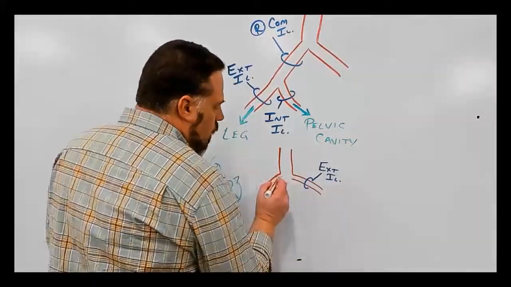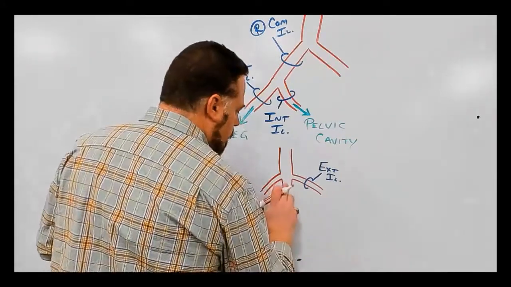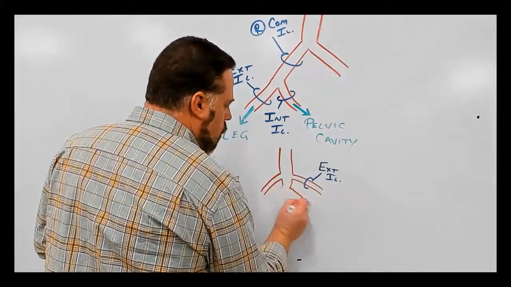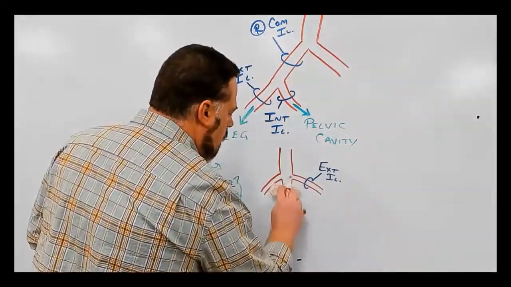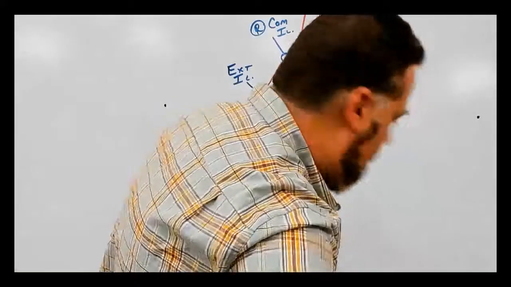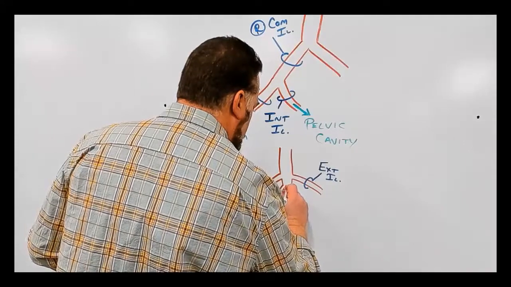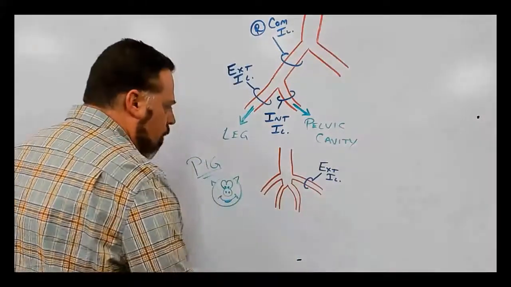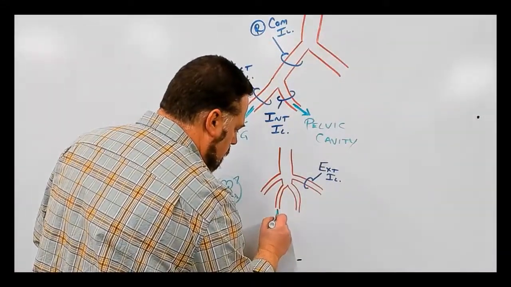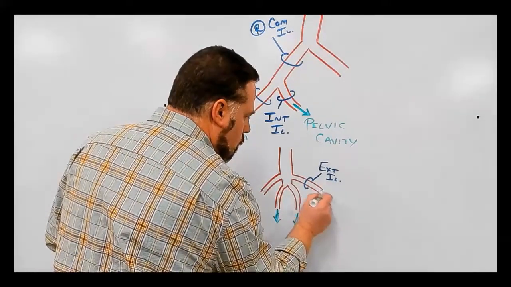And then the descending aorta continues a little bit more, and then you've got two other branches going into the pelvic cavity. This one goes off to the leg.